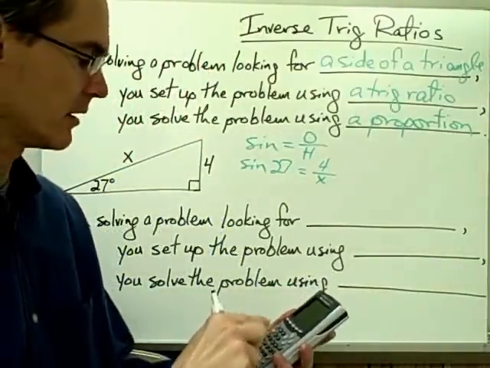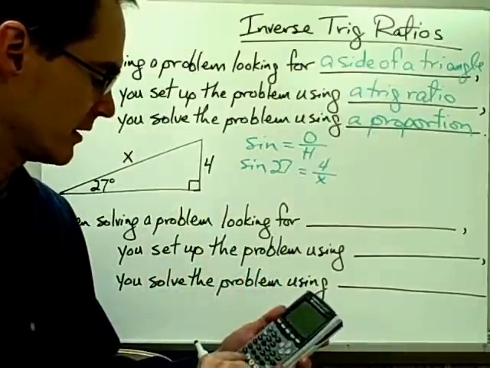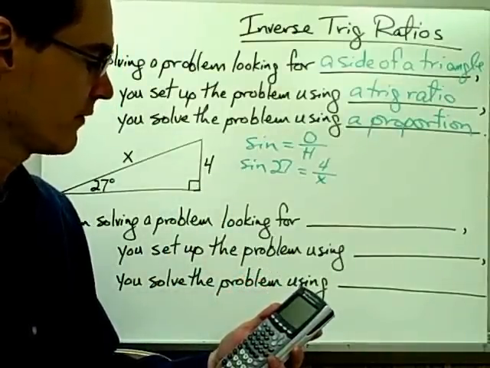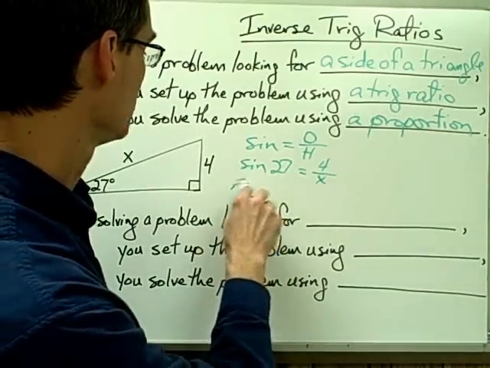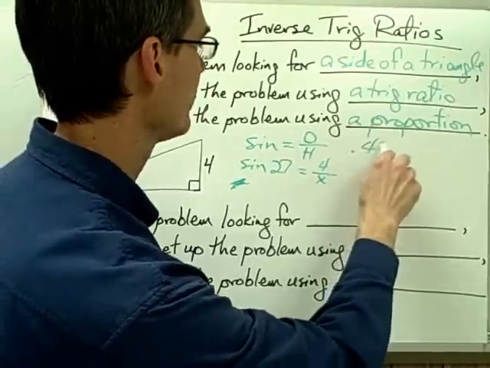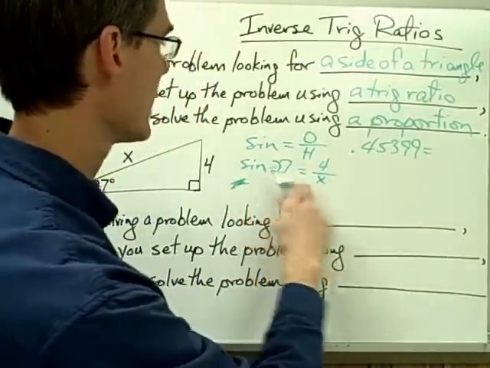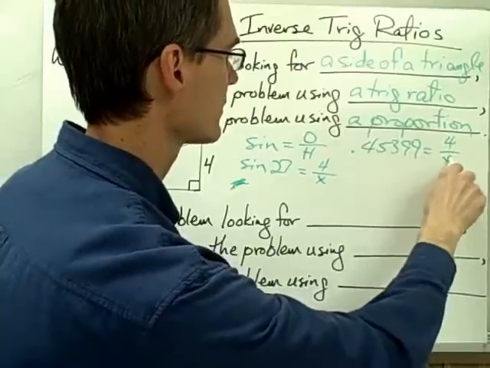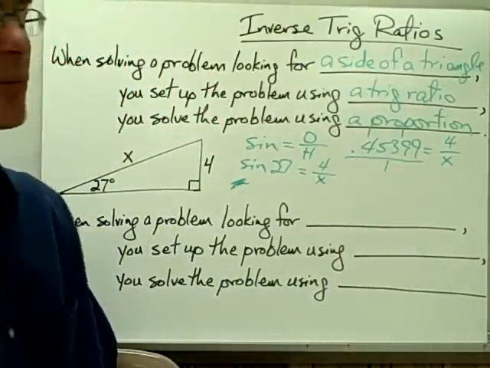I make sure I'm in degree mode. Yes, I'm in degree mode. Sine of 27 is 0.45399. So that equals 4 over x, and I'm going to put this over 1 so that it looks like a proportion.